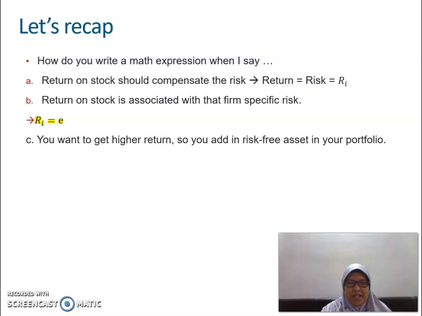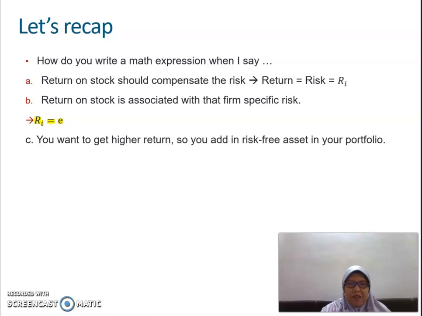So how will you do it? Get it? Okay, so it should be like this. Return on stock is equivalent to return on the risk-free asset plus the firm specific risk.